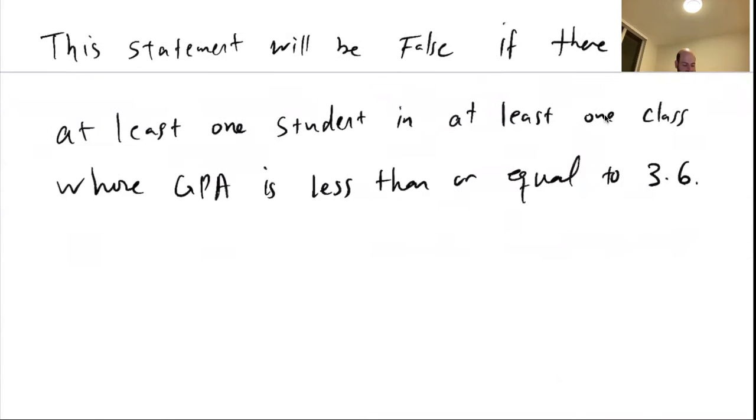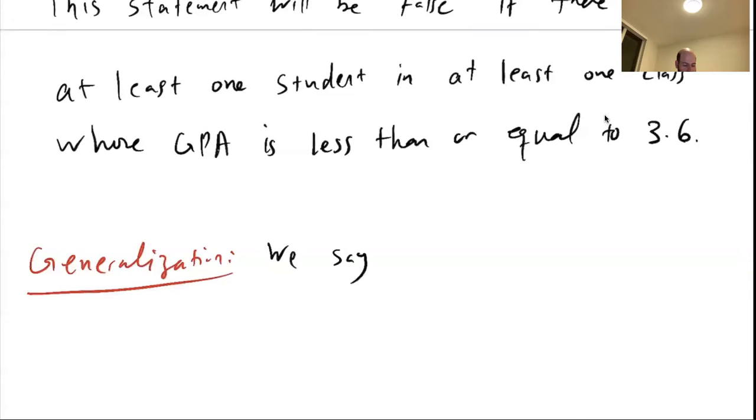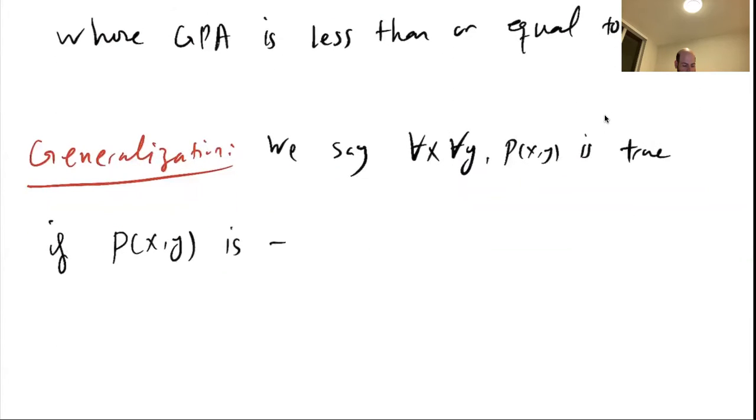So the generalization basically is that we say for each x, for each y, P of x and y is true if P of x and y is true for every pair of x and y.